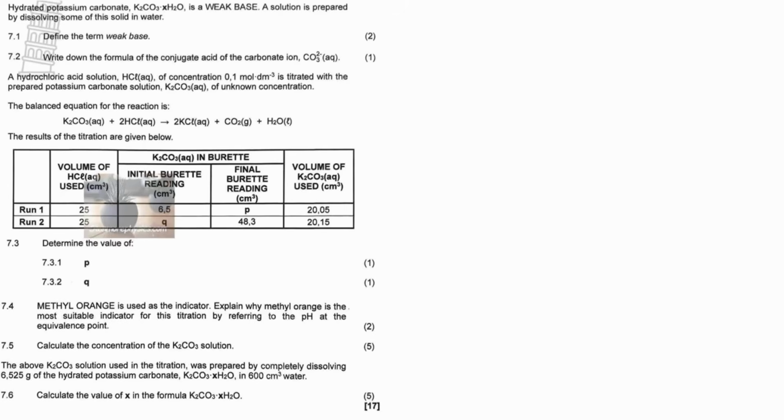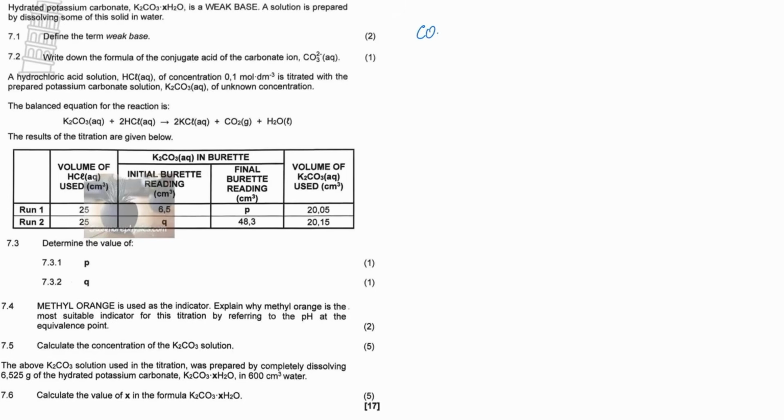So if you have been given something like CO3 2-, and you want to figure out what the conjugate acid of that is going to be, remember an acid simply has one extra proton, or in other words, one extra H. So all we got to do is add one H to it and change the charge.